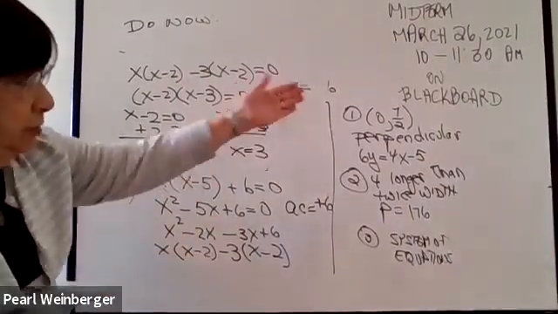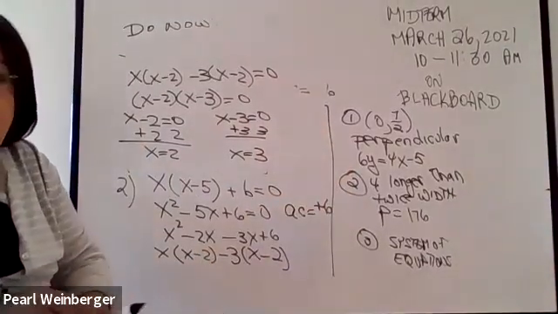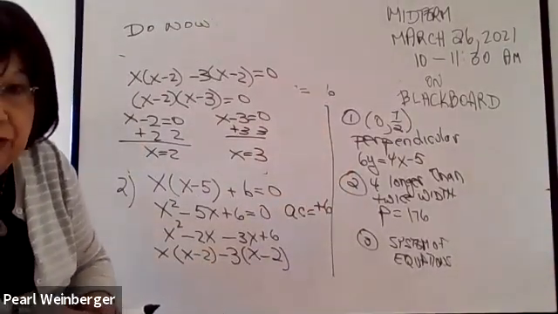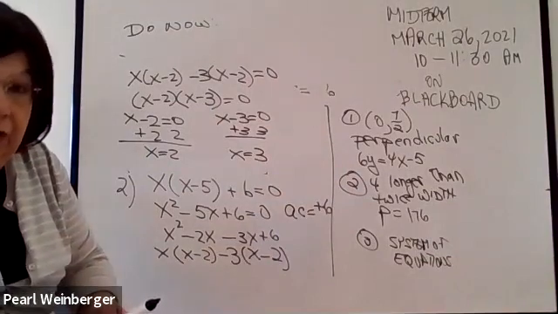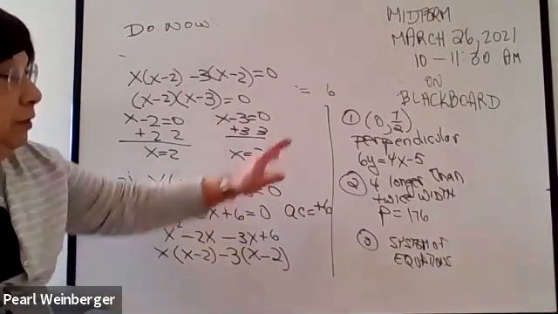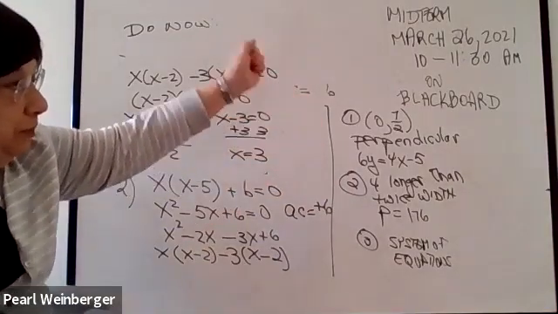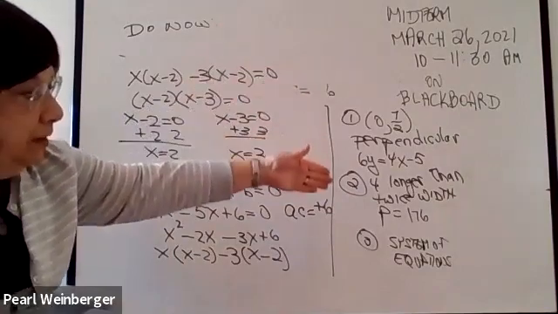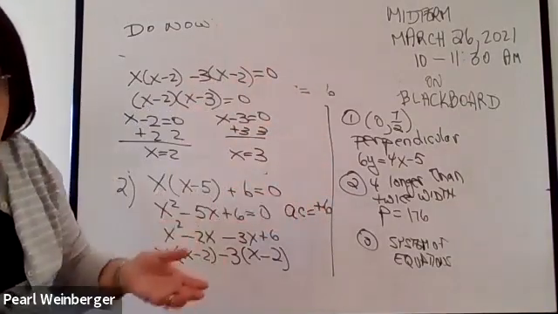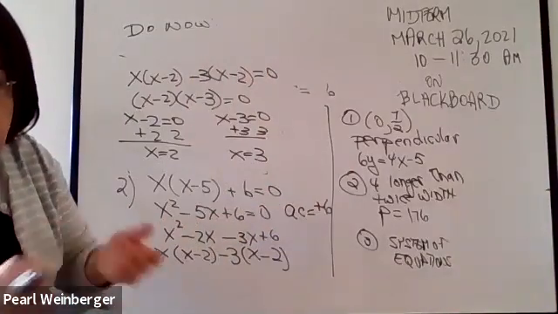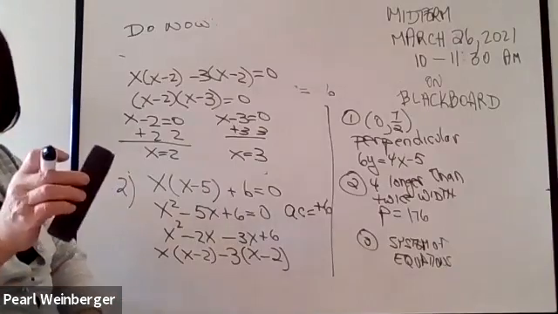I'm going to review these 3 types of questions. If anybody else has any questions, you can bring them up anytime during the review sessions. But I definitely will go through writing an equation of a perpendicular line, something about a perimeter, and something about systems of equations. We've done a couple, but let's do another one just to get it under our belt. Okay?